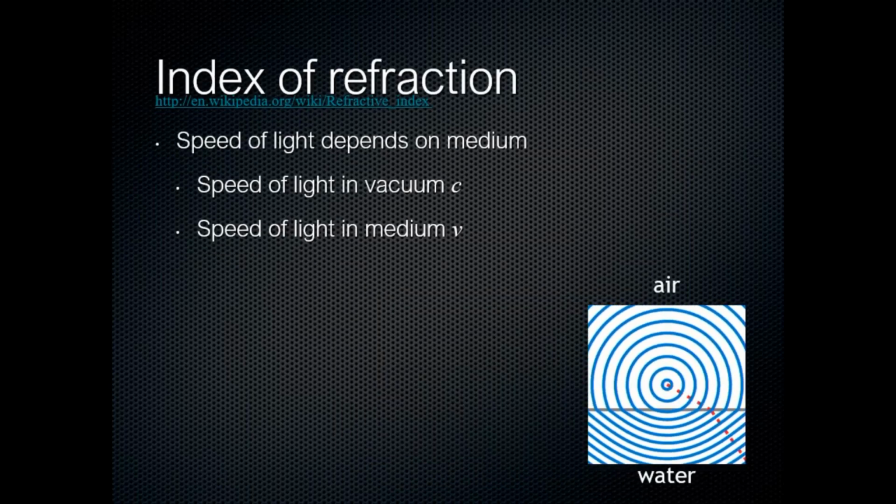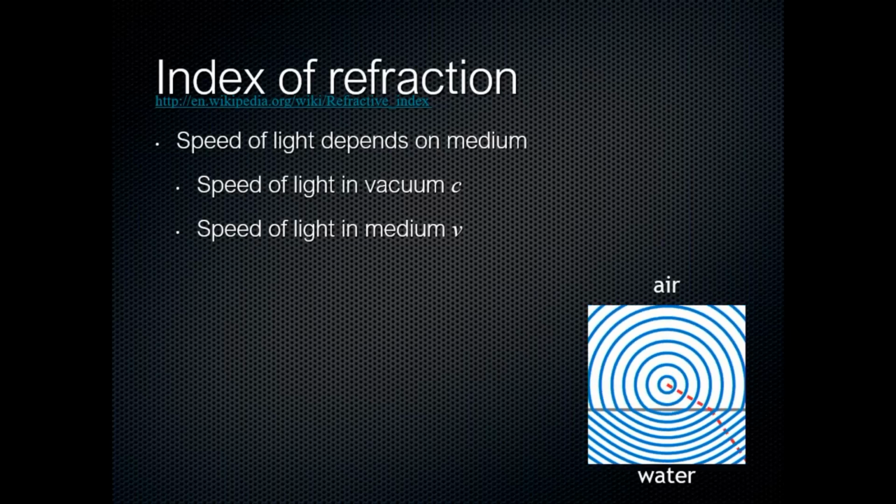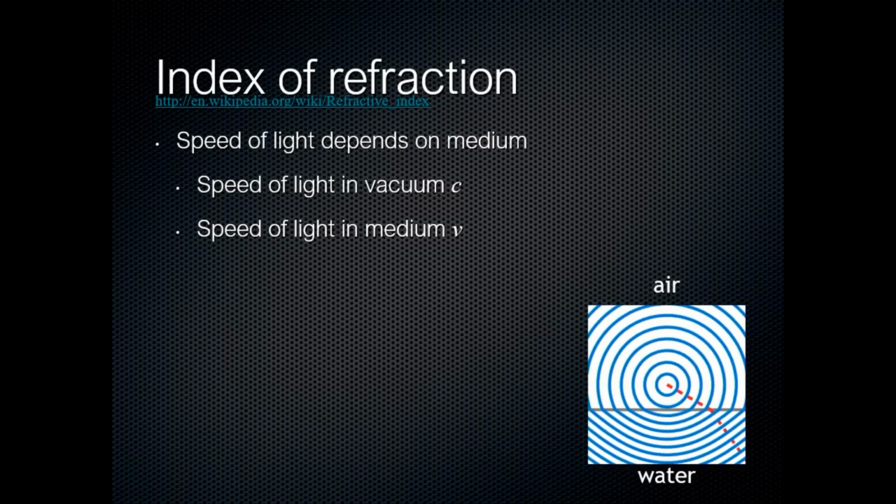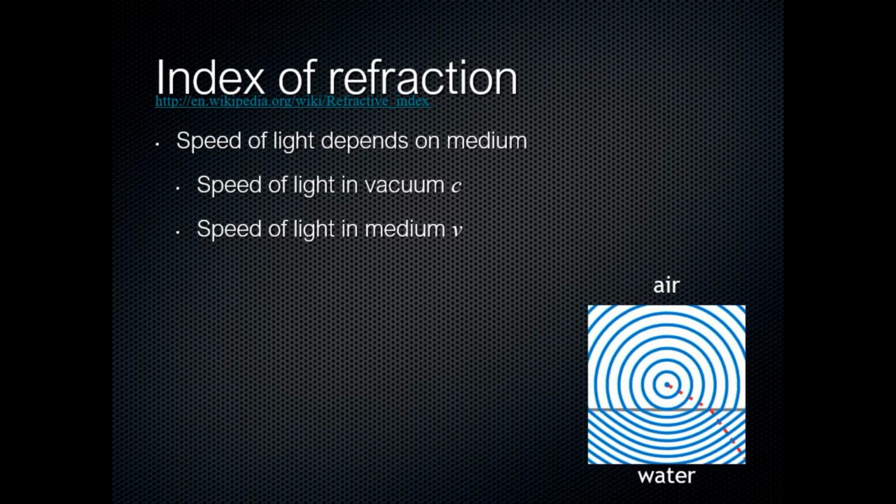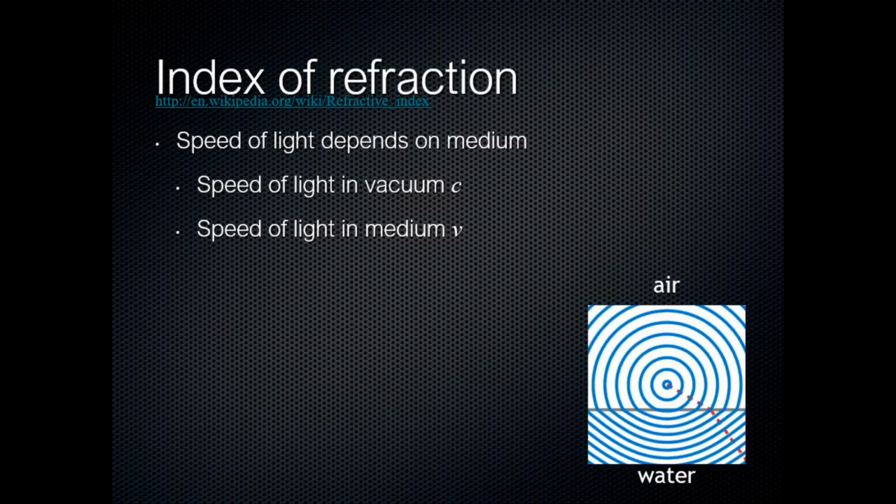Okay, so the key here is that the speed of light depends on the medium. When we go from air to water, the light will slow down. The speed of light is defined in a vacuum. Vacuum is our standard. So when we go from one medium to another, there will be a difference ratio.